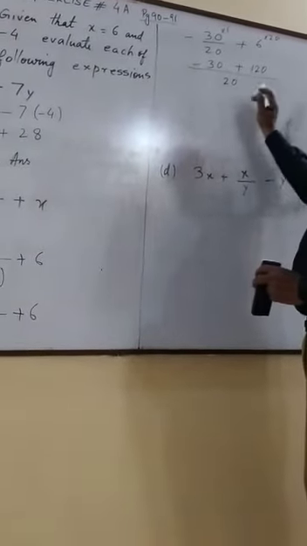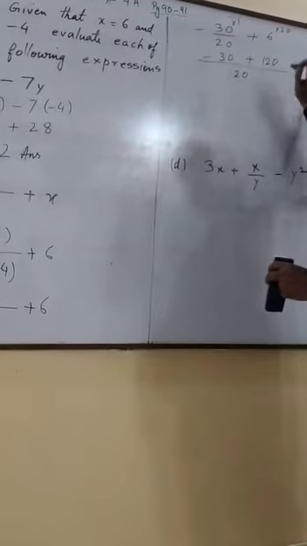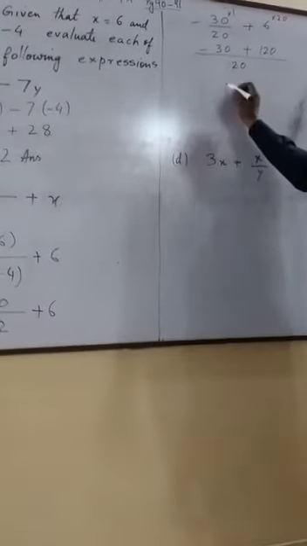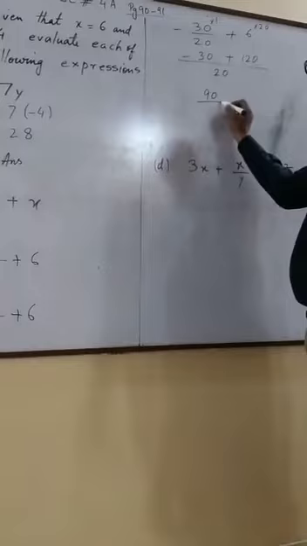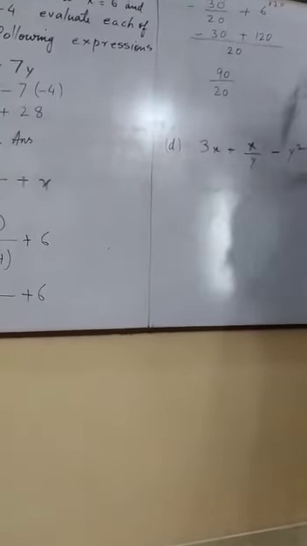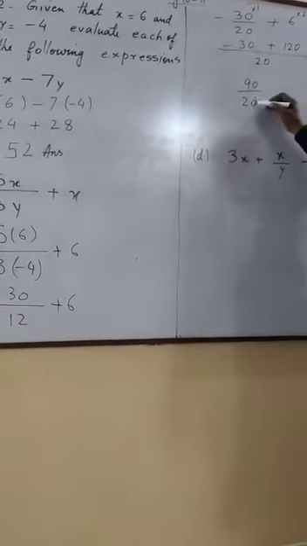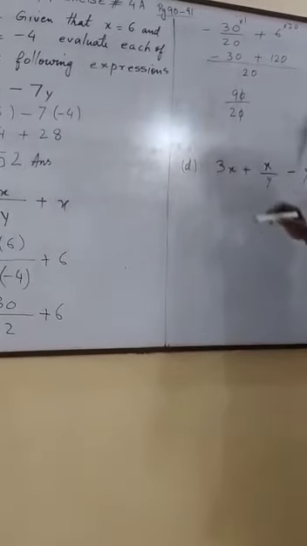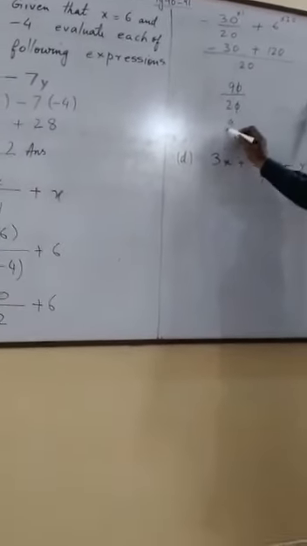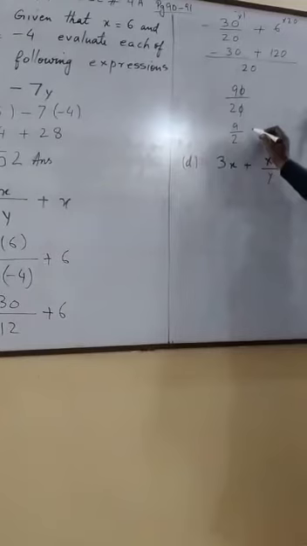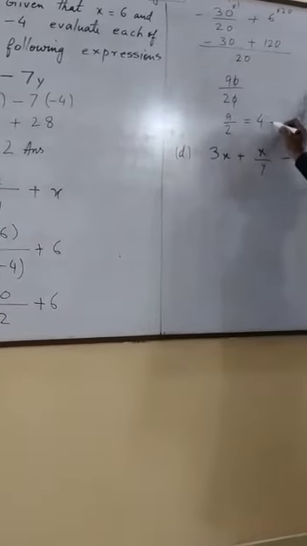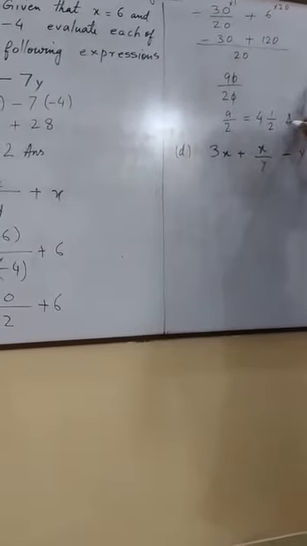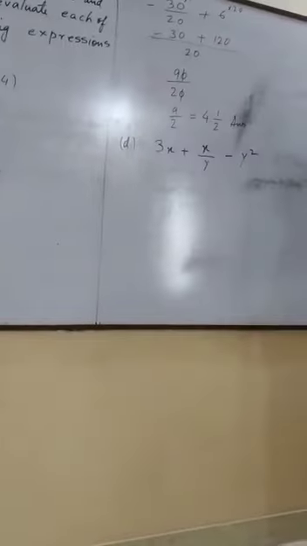Now if you subtract, you will get 90. 90 upon 20 is your final fraction which you got. Cancel zeros. You will get 9 upon 2, and 9 upon 2 is 4 whole 1 upon 2. This is your answer.